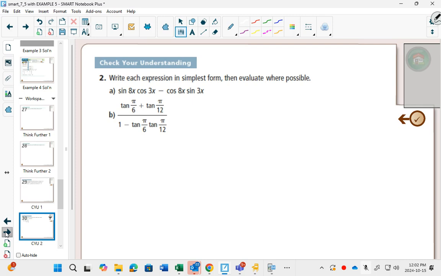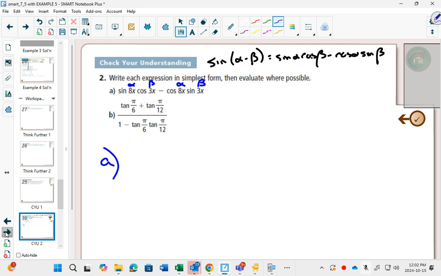Then on your formula sheet it says sine of alpha minus beta is sine alpha cos beta minus cos alpha sine beta. So in this question, that matches up as the right-hand side. This would be the alpha, this is the beta, this is the alpha, this is the beta, with a minus sign in between.